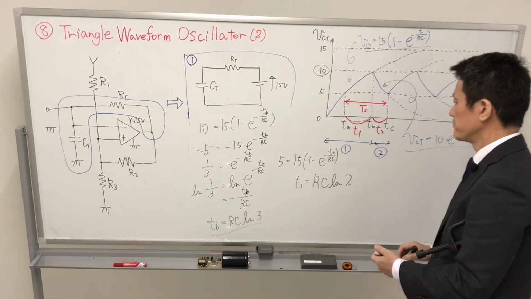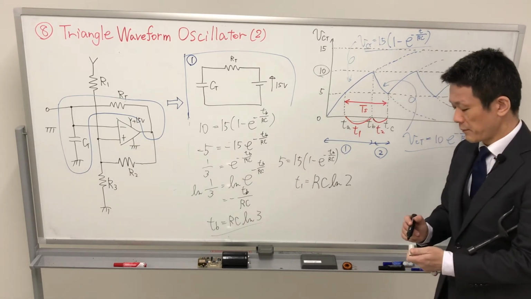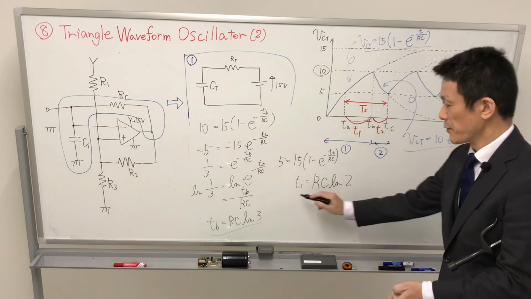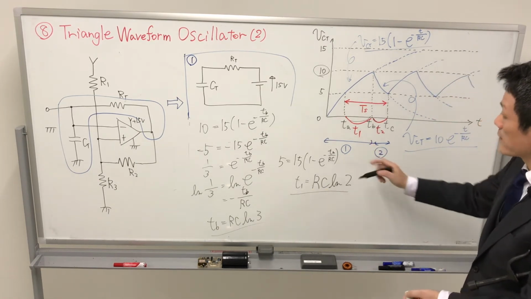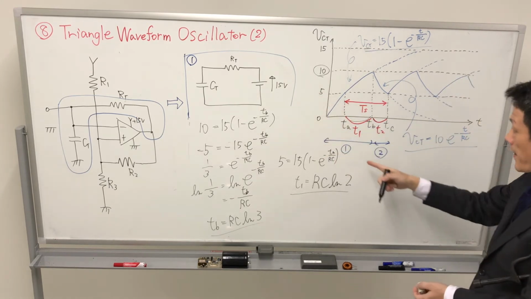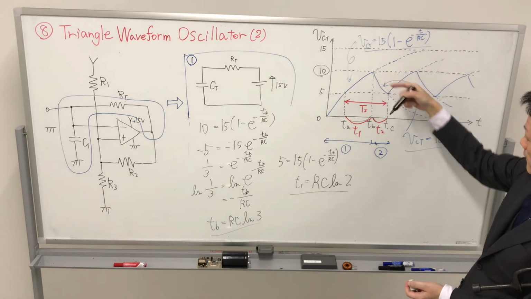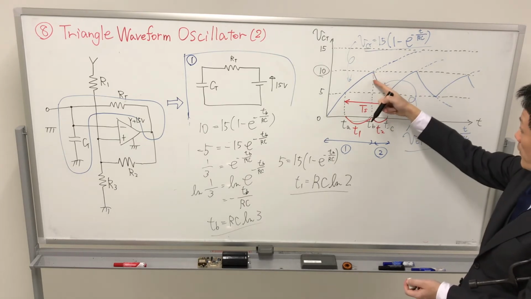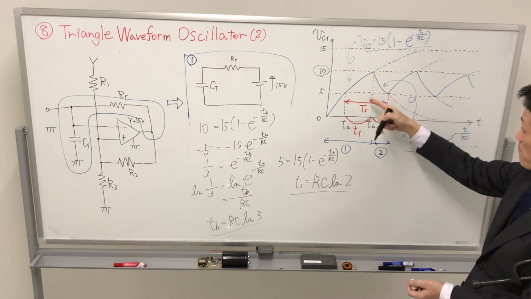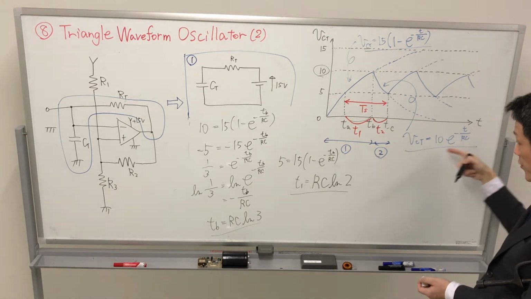This one and T2 differ by the equivalent circuit, and this one starts at 10, so the 5 volt point is TC in this equation.